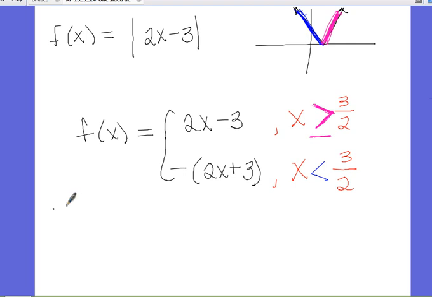One more example of writing the piecewise function would be if I did something like -2 absolute value of x minus 4 plus 5, something like that. Alright, so same exact thing.